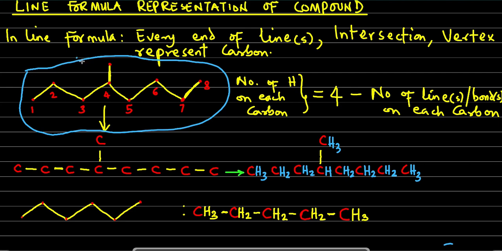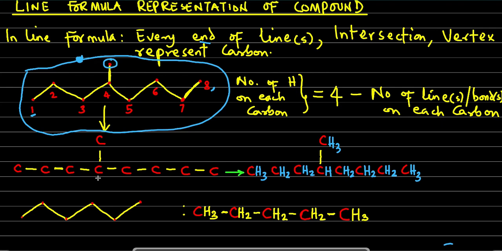So in this compound here, all these places you're seeing red dots are all carbon, because we said every end of line is carbon. Carbon 1 and carbon 8 are ends of lines, all right? So they are carbons, and also this particular point I just circled is a carbon.